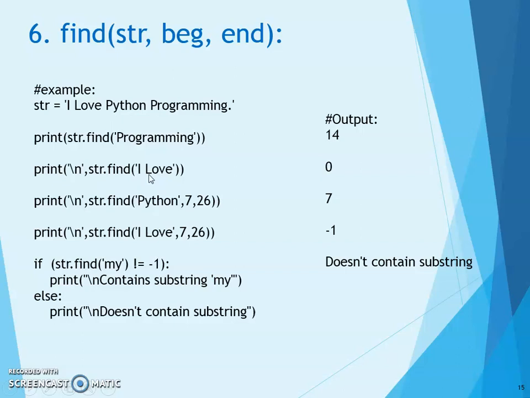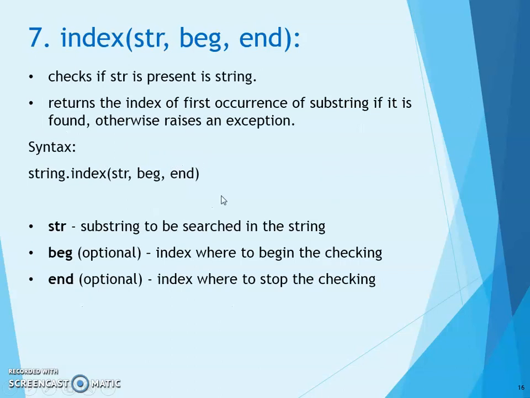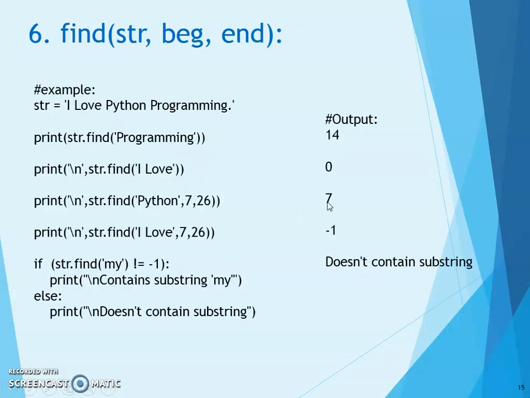We want to find where "I love" is mentioned. This is starting at 0th index, so it will return 0. We want to find where "Python" is located, and the beginning index of checking is given as 7. Python is written starting at 7th index, so it will return 7.